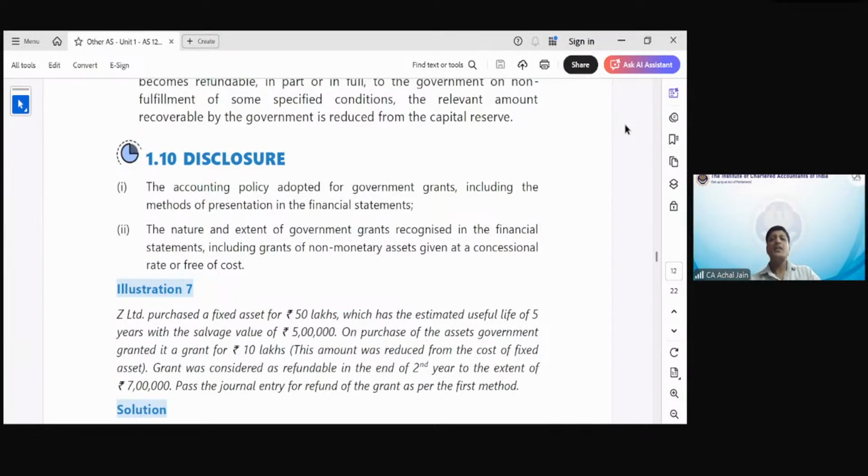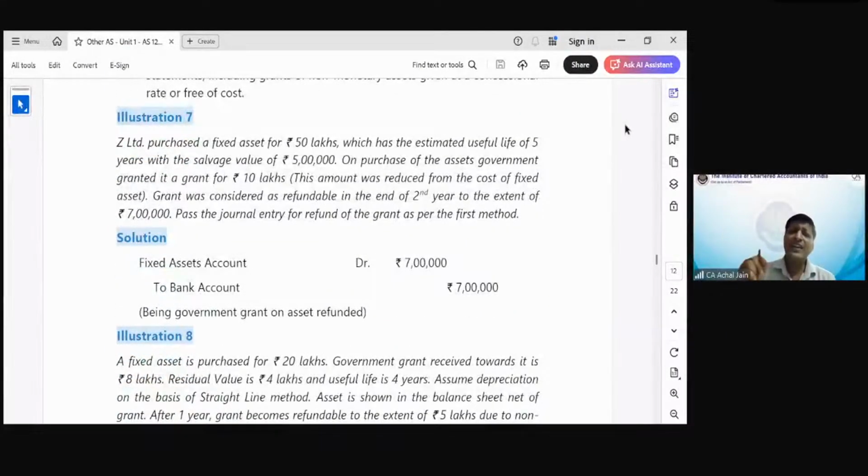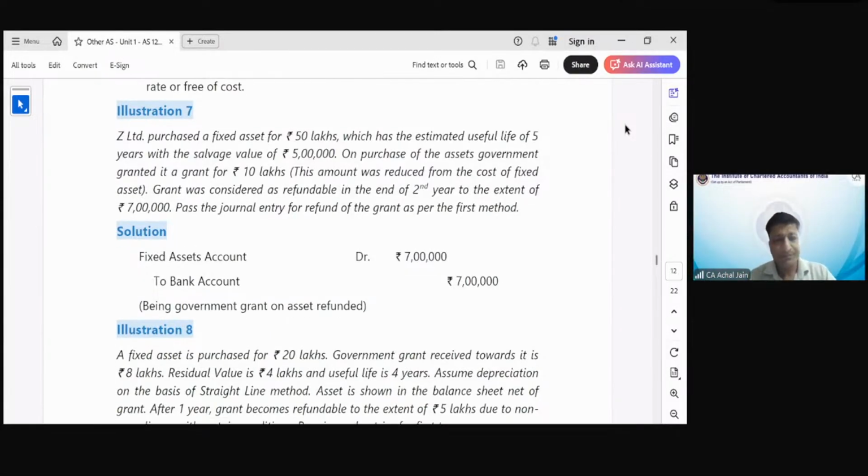So the entire grant is not refunded, only 7 lakh is refunded. I think here you are asking what if the partial is there. So partial you will adjust. What do you do? You will increase the value of the fixed asset by 7 lakh. Now, here again, I think some of your doubts related to depreciation adjustment are not clear. So let's move further. Let's look at the next question.